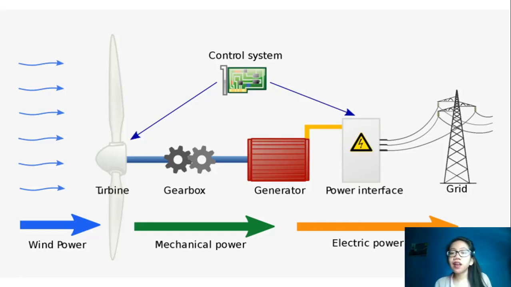Of course, like all things, there's only a certain limit of how much electricity can go through our systems before it blows off. So the control system is a way for us to control how much energy one turbine can produce.